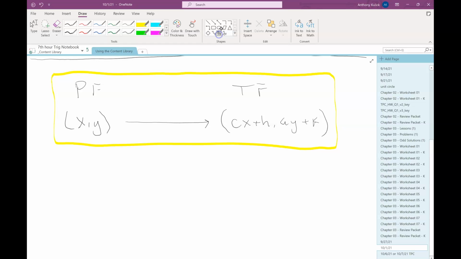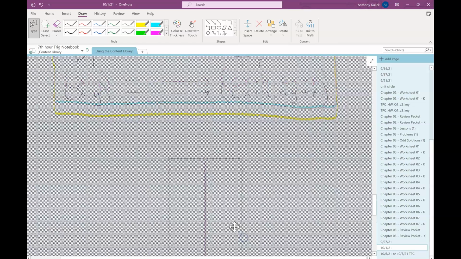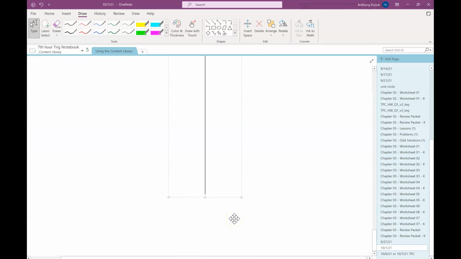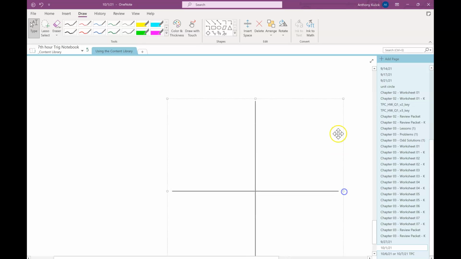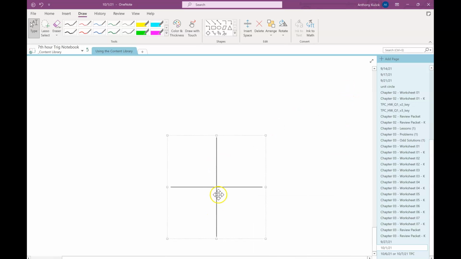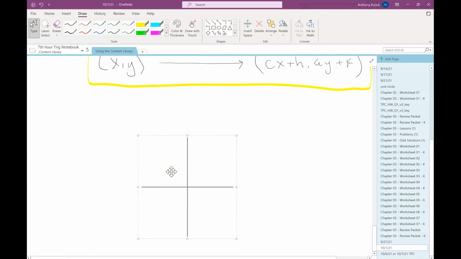So let's say I have a graph that kind of looks like this.